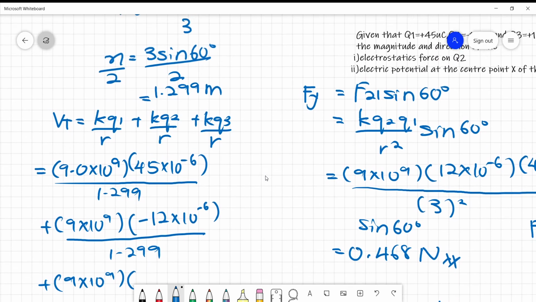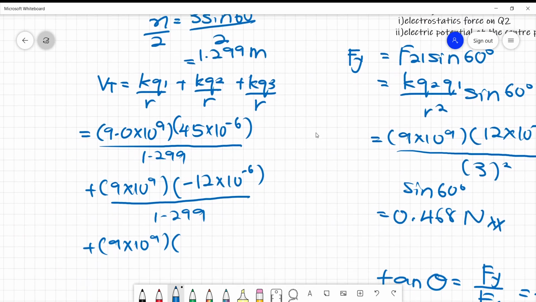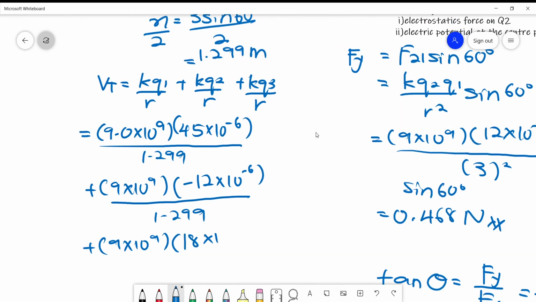What will be Q3? Q3 is 18 times 10 to the power negative 6 divided by 1.299.